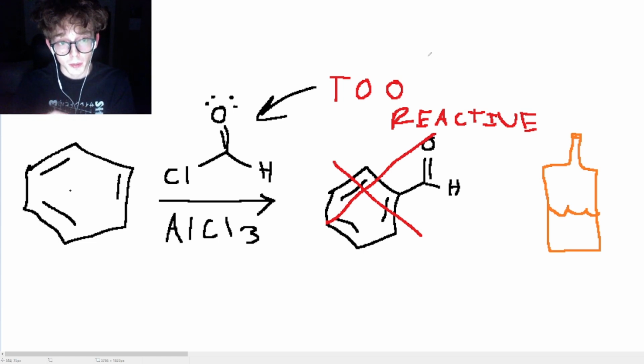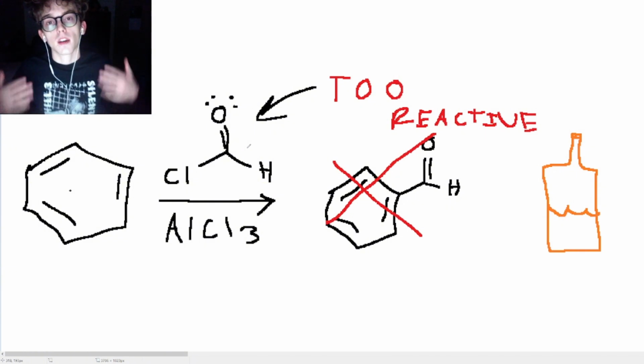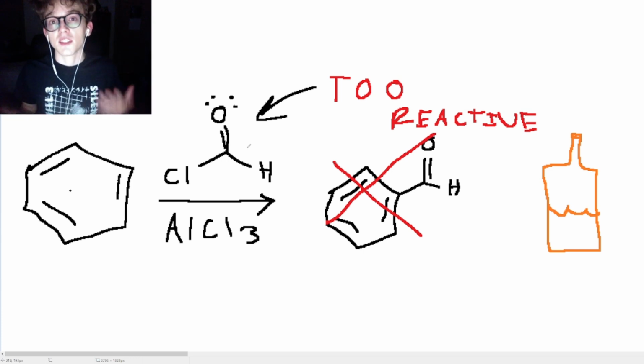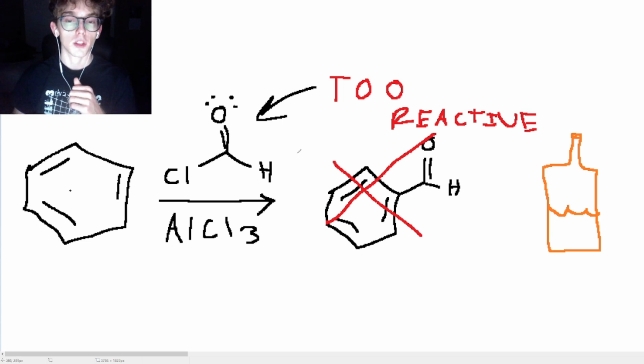So because of the very reactive nature of formyl chloride, we have to make formyl chloride in situ. In situ just means, okay, let's generate this reagent within the reaction mixture itself during the reaction. So what does that look like?